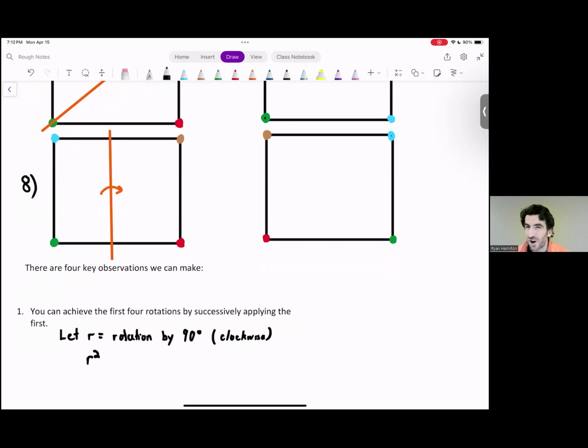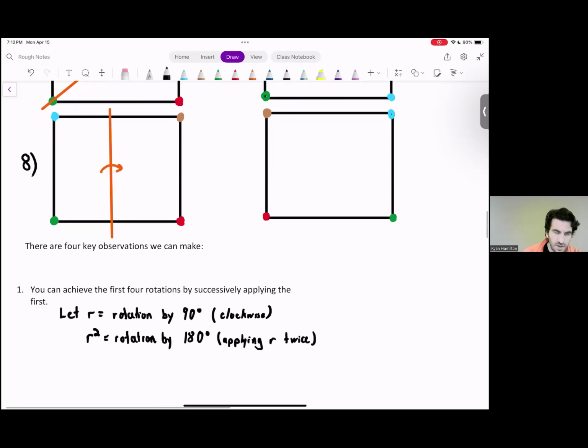And what do I mean by R squared? Because R is not a number, it's just a symbol. I mean applying R and then R again. So that's rotation by 180 degrees. So this is applying R twice. And we can keep going.